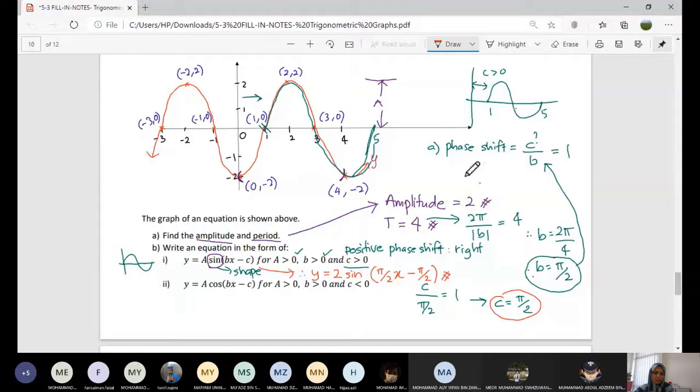Okay, is that clear? So please try for question B, part 2. It wants the cos graph here. So here you have graph cos, but the phase shift here is negative.